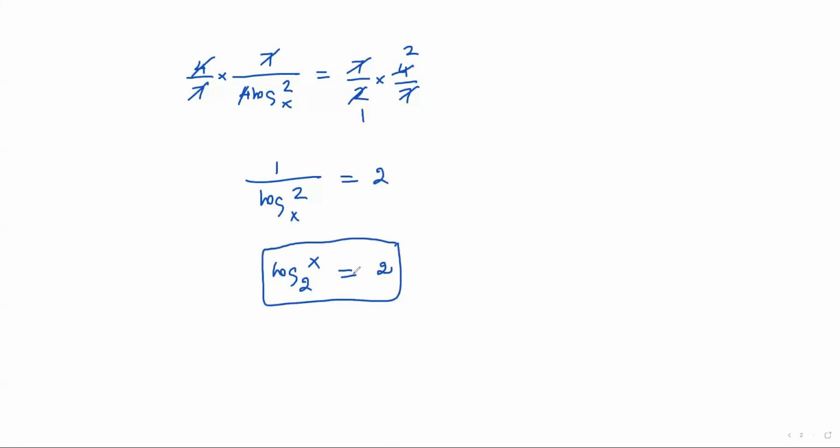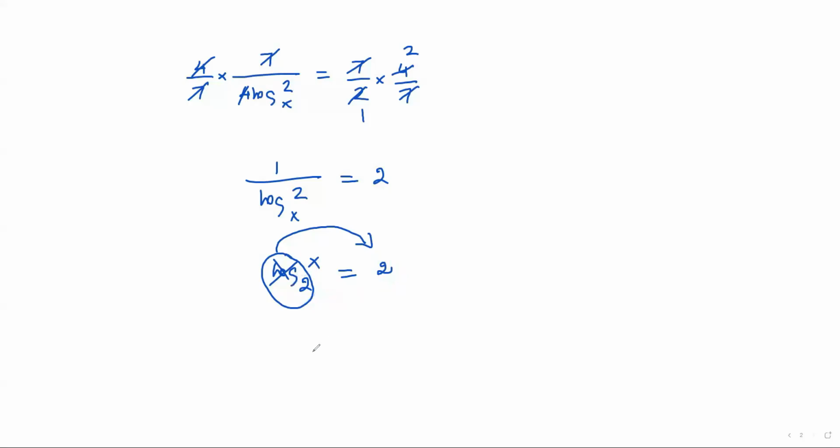Now this equation is in logarithmic form. So to solve for x, I'm going to convert this equation to exponential form. For that, I have to move this log to the base 2 to the other side of the equation, ignoring the logarithm. I just consider this base 2, and the value which already exists on the other side will become the exponent of this base.